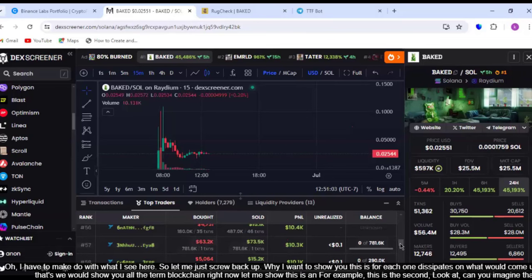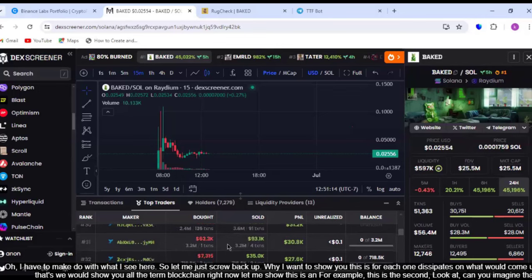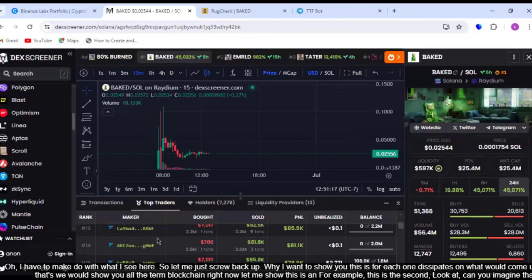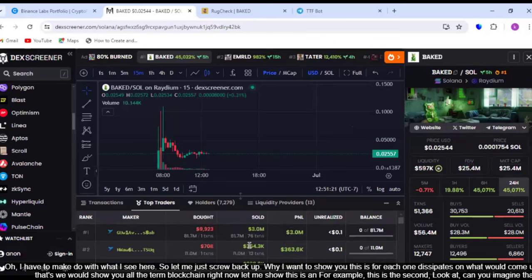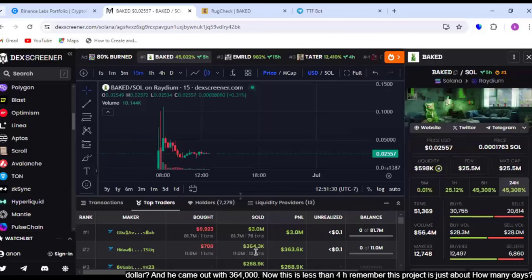So let me just scroll back up. Why I want to show you this is for you to anticipate what would come up on the Ton blockchain that we would show you. Now let me show you, this is an example. This is the second leading wallet. Can you imagine that someone got in with $708 and he came out with $364,000?